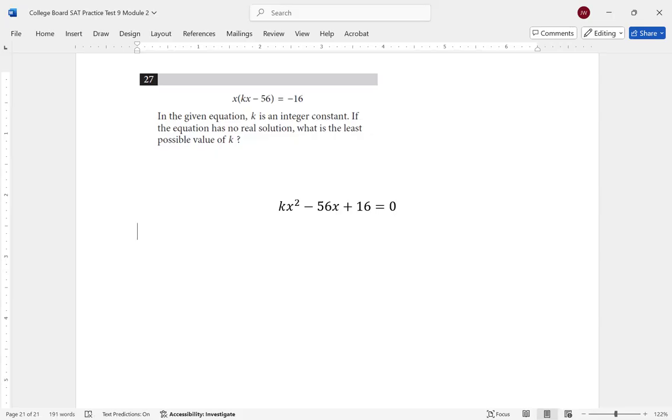So we want this quadratic equation to have no real solution. Well, what are the solutions to this quadratic equation? I can find the solutions by using the quadratic formula, which is opposite of b plus or minus the square root of b squared minus 4ac, all divided by 2a.